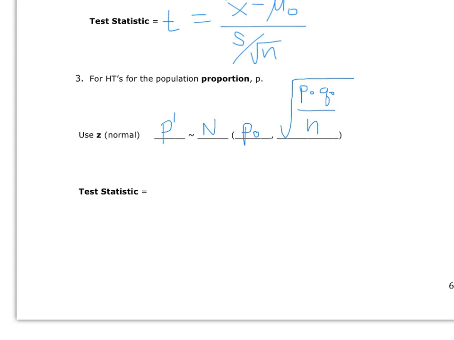So remember that we are assuming that the null hypothesis is true. So under that assumption, we use those values to be the parameters, the mean and the standard deviation, in the distribution. Okay, the test statistic that we use is a z-value, and we take p prime, our sample proportion, we subtract p sub 0, and we divide that by that standard deviation.